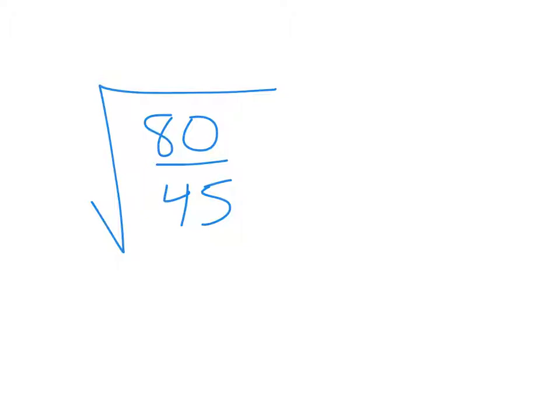What I mean by factors is I'm thinking of what two numbers I can multiply that will give me 80. So for instance, 8 times 10, I know, is 80. I know that 16 times 5 is 80. I know that 2 times 40 is 80.